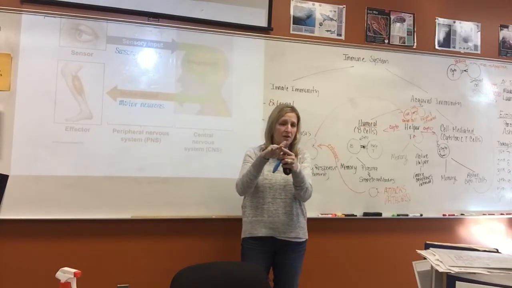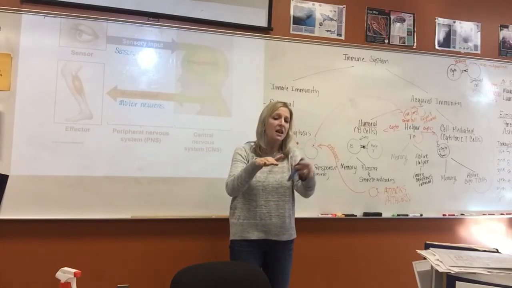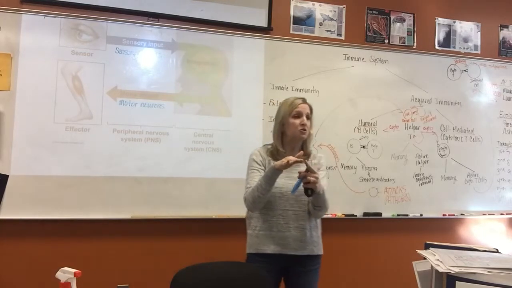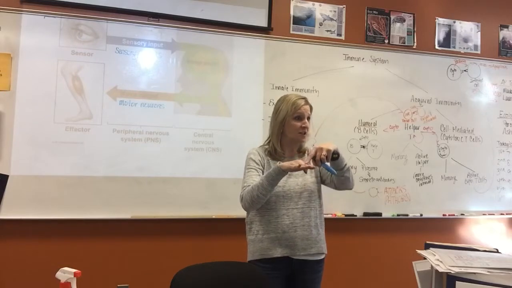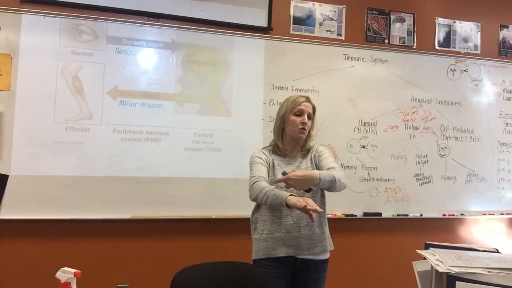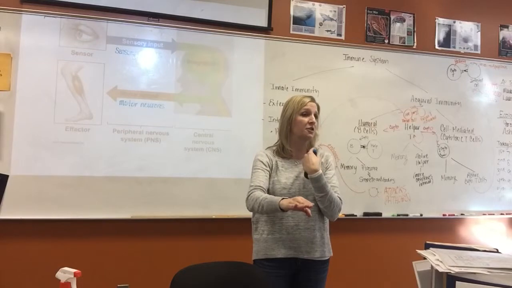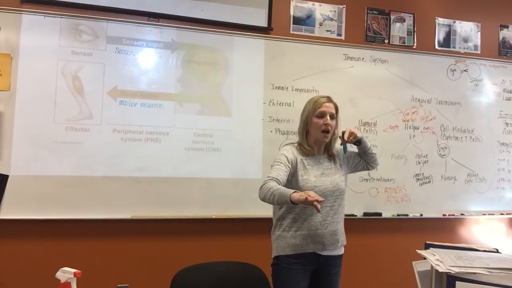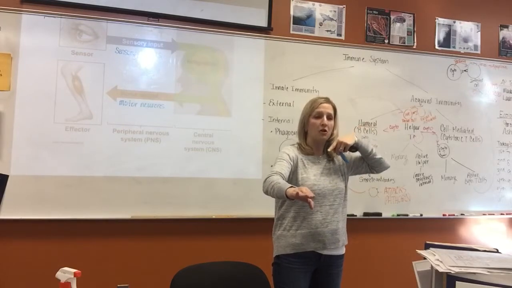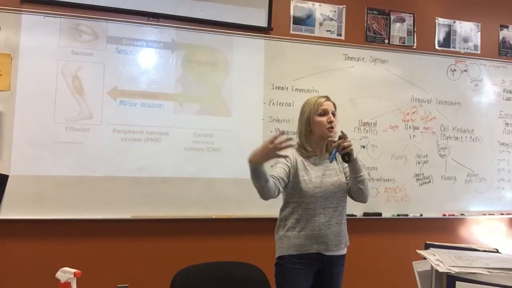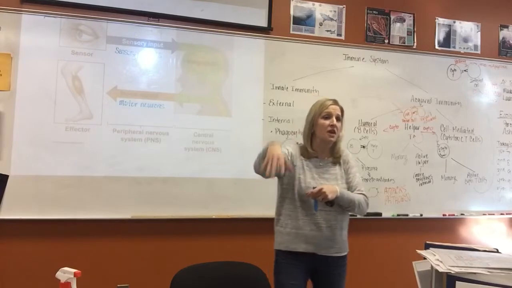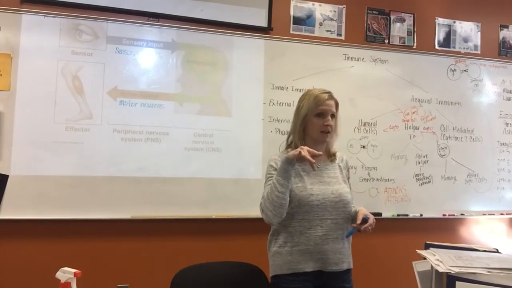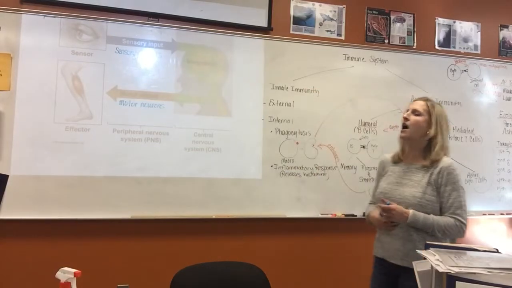You have sensory neurons in your fingertip that, when you touch it, the receptors trigger a signal transduction pathway, which then triggers your neurons to take a signal all the way to your central nervous system, which then communicates with a motor neuron that goes back to trigger your muscle cells to contract, which then you pull away. And all of that has happened in that millisecond that you've pulled back.